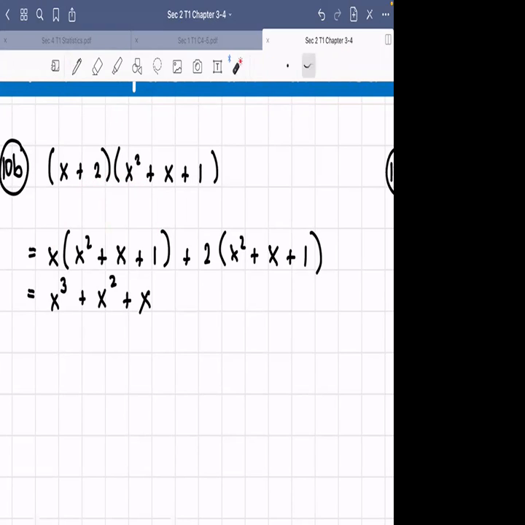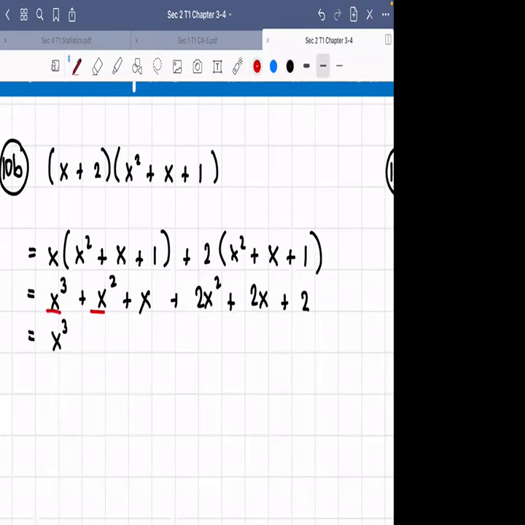Next, 2 times x squared will give us 2x squared, and then 2 times x will give us 2x, and then 2 times 1 is simply 2. And then let's combine like terms. I'll bring down x cubed.